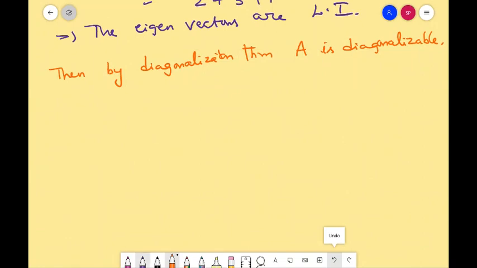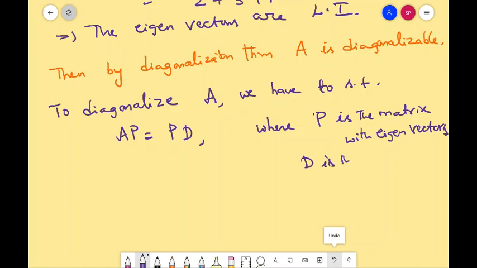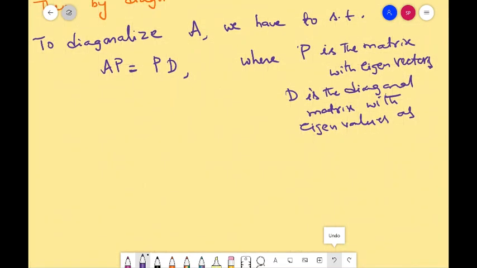So now to diagonalize A, we have to show that AP is equal to PD, where P is the matrix with eigenvectors, and D is the diagonal matrix with eigenvalues as entries in the diagonal.